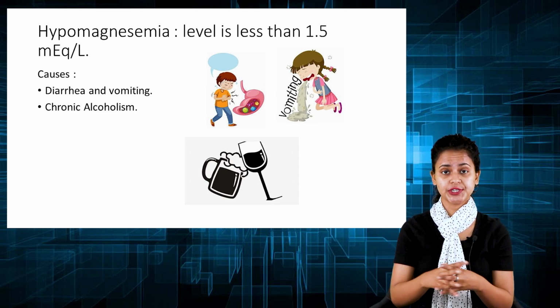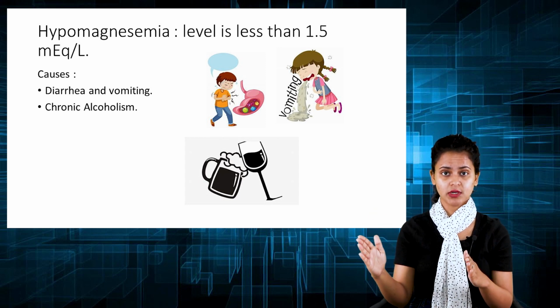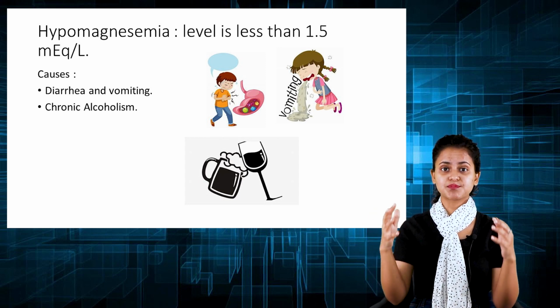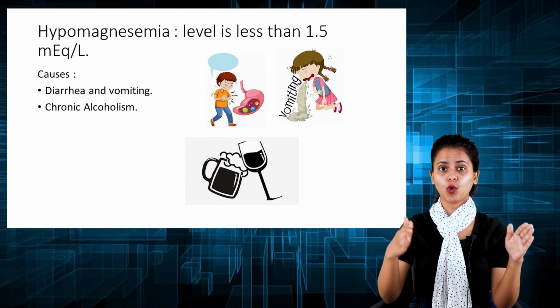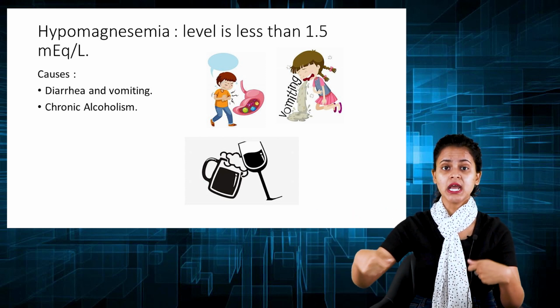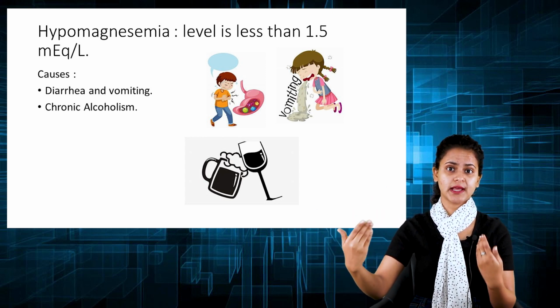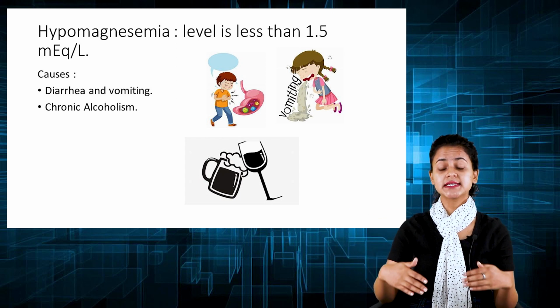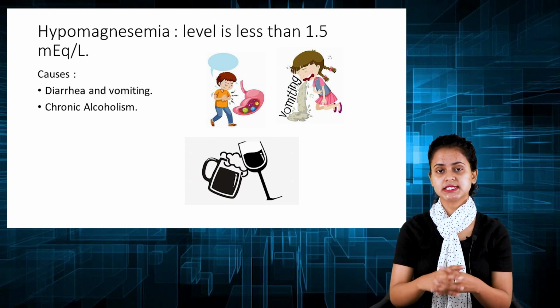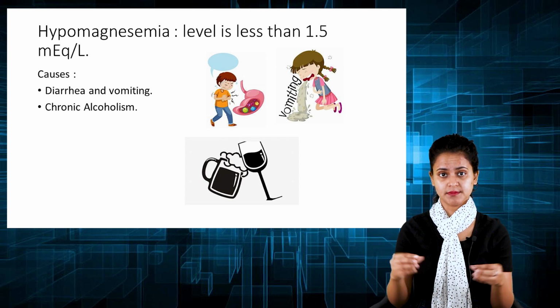The next condition is chronic alcoholism. If a client has a history of consuming alcohol for a prolonged time, this also can increase the chances of developing hypomagnesemia.